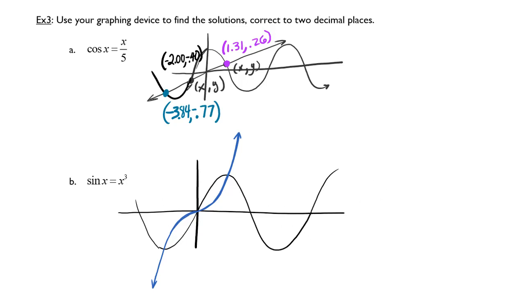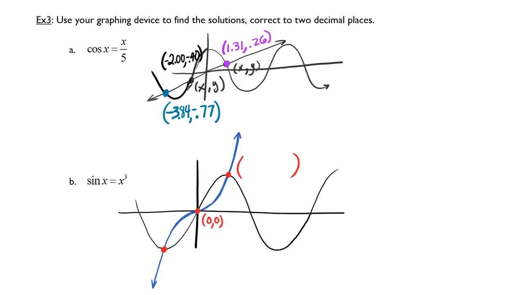And so you would assume that these values would be in some way symmetric where they cross. Clearly they're going to cross at 0, 0.